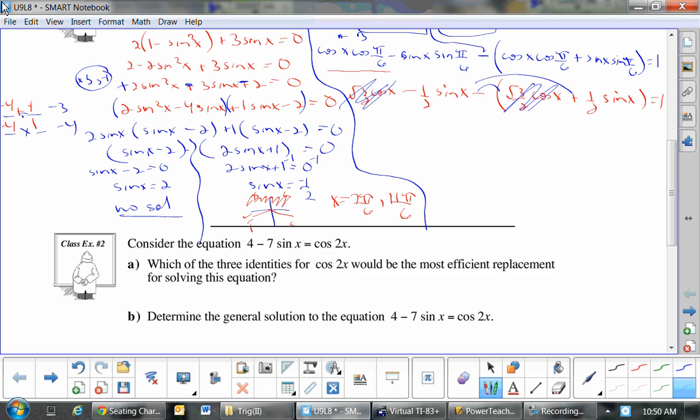Negative 1/2 x, half sine x, minus negative 1/2 sine x. Negative 1/2 plus negative 1/2 is negative 1 sine x equals 1. Divide by -1. When does sine x equal 1?